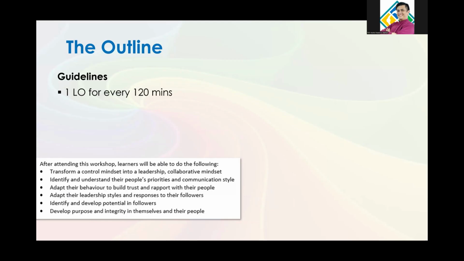So you see 6 bullet points. Those are 6 learning objectives. So what I do is I create for one learning objective, one that it covers 120 minutes of content. So for example, if a class starts at 9 a.m. and it finishes at 11 a.m. and then we go for a break, this is 120 minutes of content.